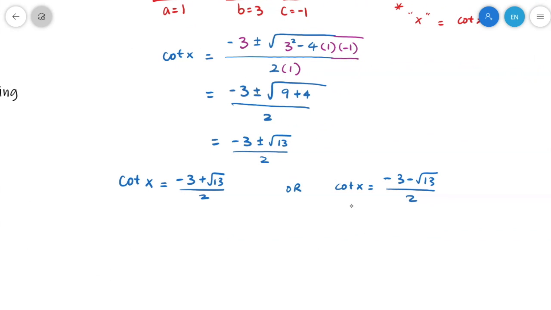Now I'm going to punch those into the calculator to get decimals. The first one is approximately 0.3027756377, and the second one is approximately negative 3.3027756338. So we have those numbers, but that's not equal to x.